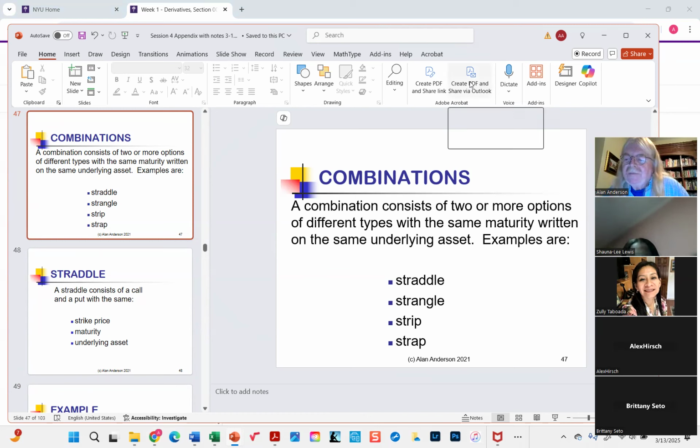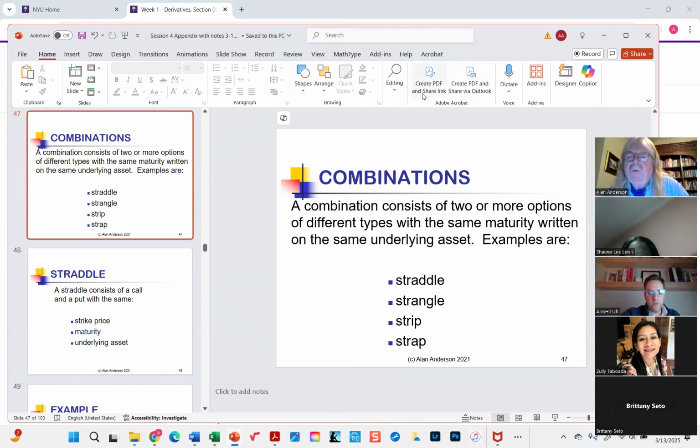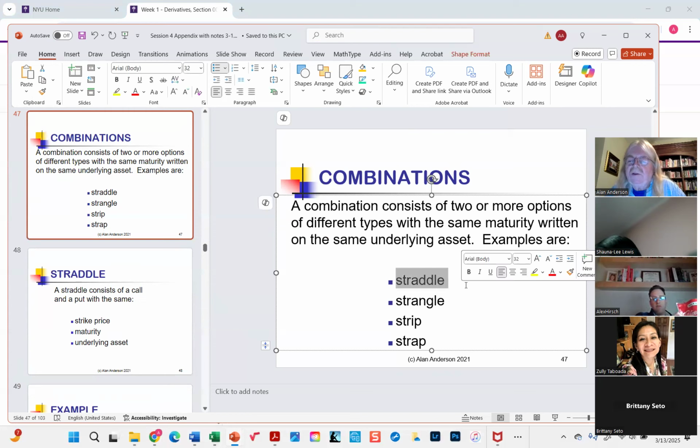With the combinations, what's different is that you're going to have in each case at least one call and at least one put. So in other words, you have to have at least one of each for it to be considered a combination. So these are the four that we'll be considering, but realistically, the straddle is the most important one, and the other three are essentially variations of the straddle.